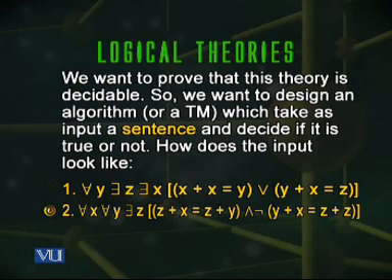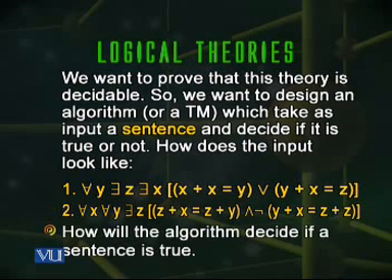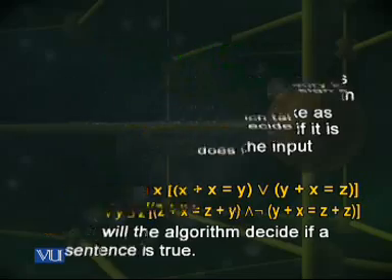Another possible input could be for all x, for all y, there exists a z, such that z plus x equals z plus y, and not of y plus x equals z plus z. How would an algorithm decide if a sentence is true? Well, a very simple idea comes to our mind.